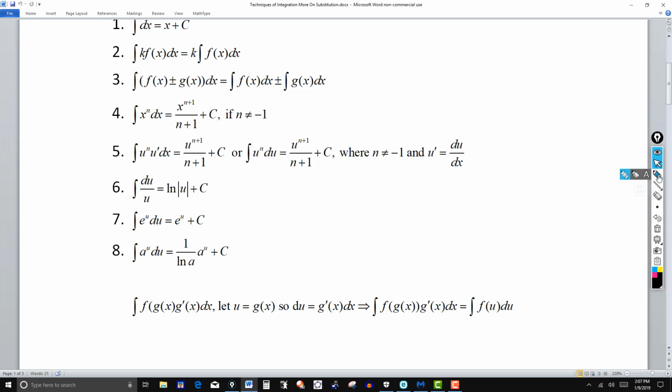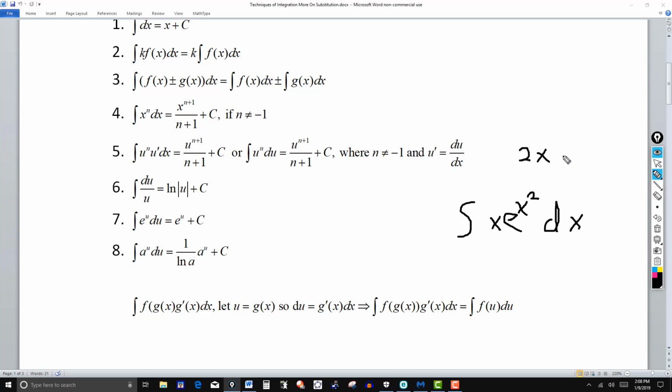So for example, if you have the integral of, say, x e to the x squared dx. Same sort of thing. In this case, the g function is x squared. So notice if I take the derivative of x squared, I get 2x.